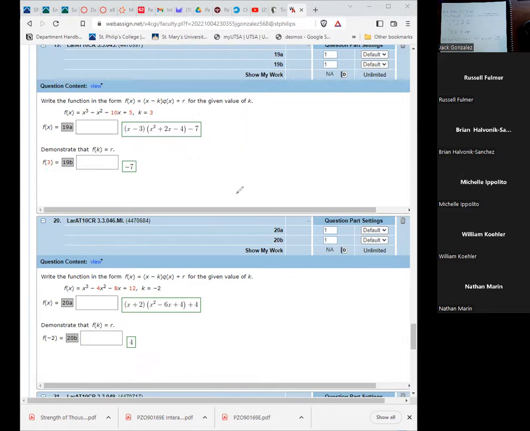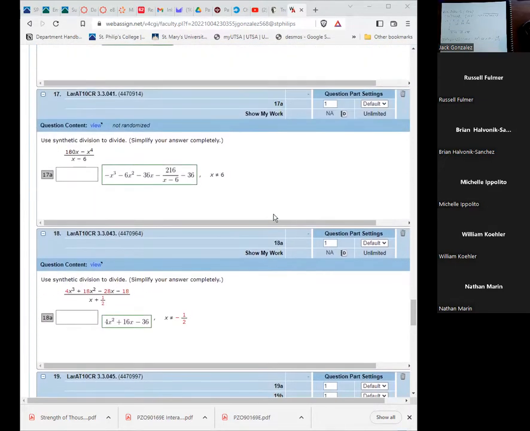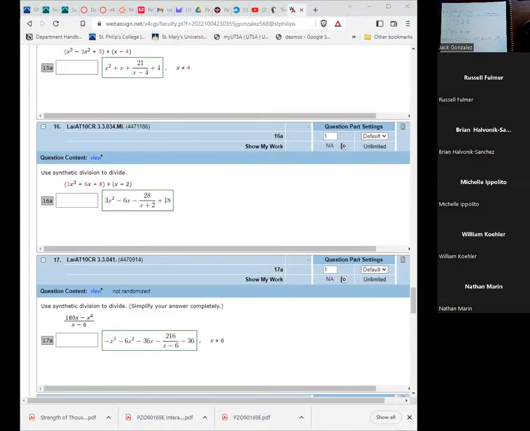So when you're plugging in for k or using the number for k, it's never going to change. It's never going to go from positive to negative, like that one for number 3. So in this case, k is -2. Over here, k is 6. Does that make sense?